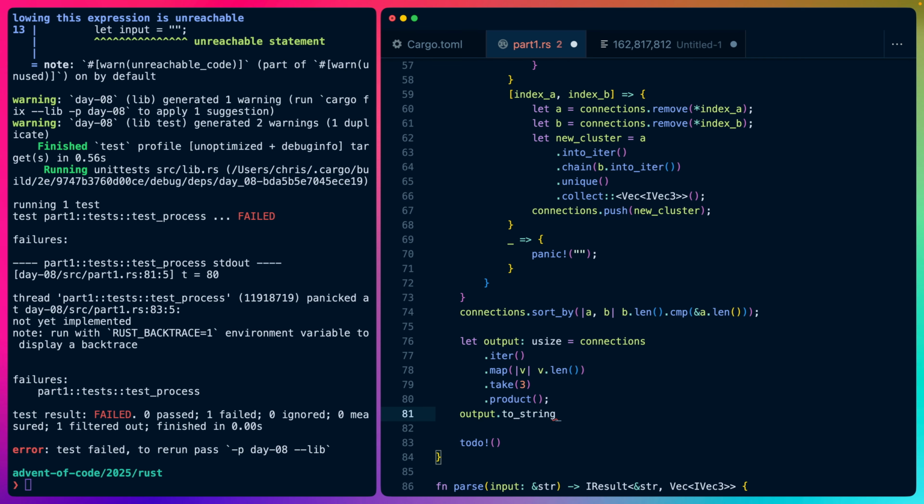So we need positions, which is the vec of vec. No, it's the vec of ivec3s. We need num largest as a usize and num pairs as a usize. And this is groups. I guess 10 is always the case, or 3 is always the case, but we'll call this output and say that we return a usize here and pass in positions. So we test and this still works.